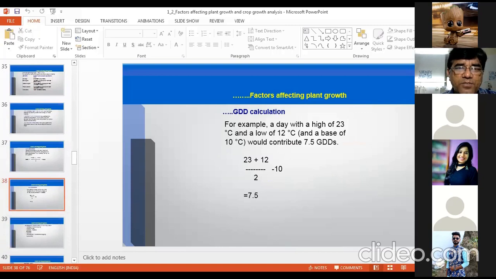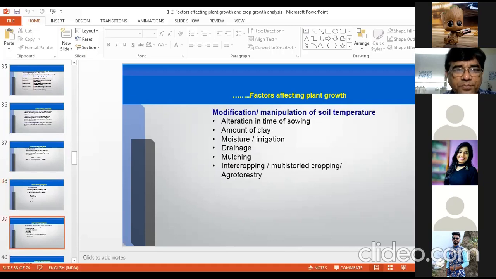Suppose it was 23 maximum temperature, so make the total 23 plus 12, this is just one example, and minus 10. So each day you will get 7.5. And if you know the total number of growing degree days of a plant, divide that value by 7.5. You need to find it out on a daily basis.